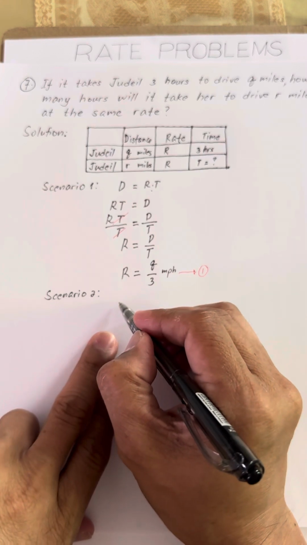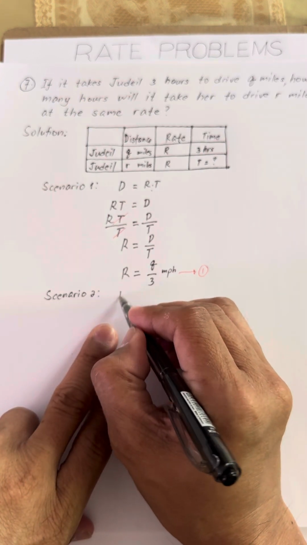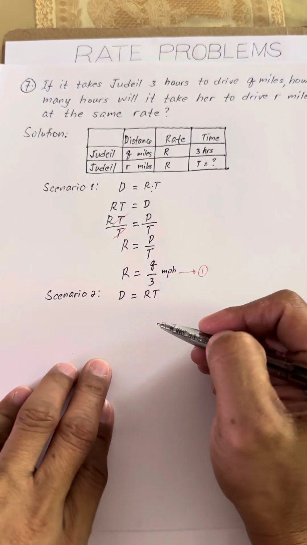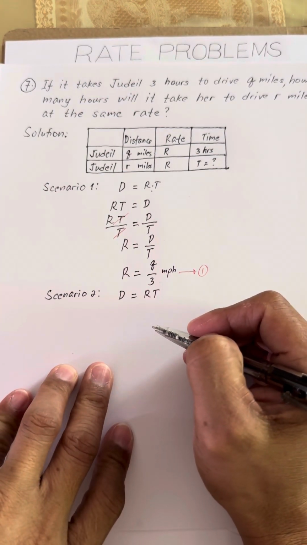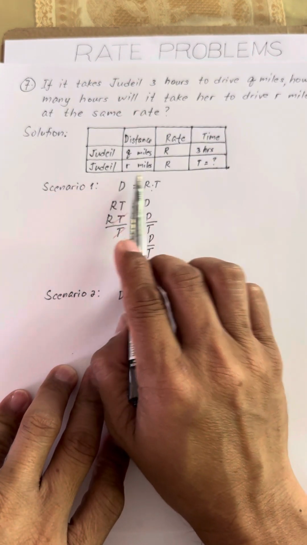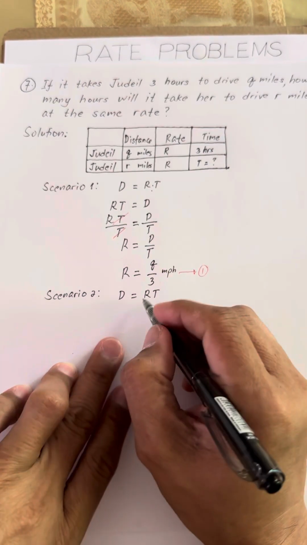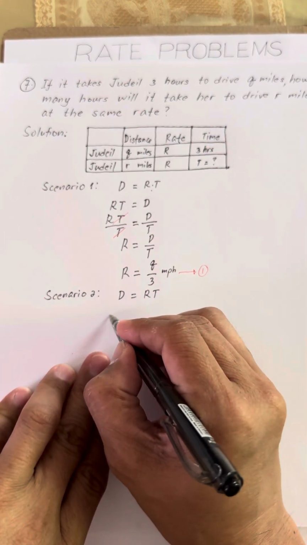So again, we can use this formula, distance equals rate times time. Then since in this second scenario, we need to solve for T, so let's rewrite this formula first.